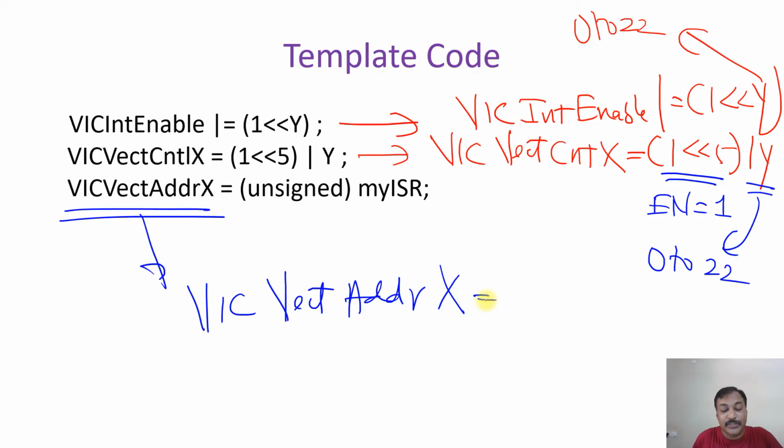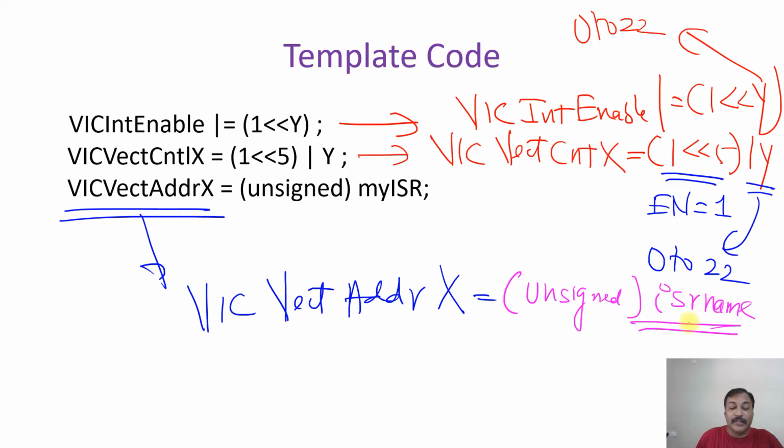You simply use a typecasting, unsigned, name of the SFR name. Simply call the function name and typecast it. Function name of ISR, typecast it and assign it to the address register.